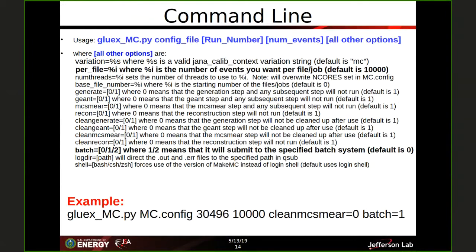So an example of running, you issue a command to GlueX MC with your config file, which we'll get to in just a second, as well as a run number or a run number range. I can talk a little bit more about that very shortly. How many events you want, and then the command line options. Order doesn't matter with that.